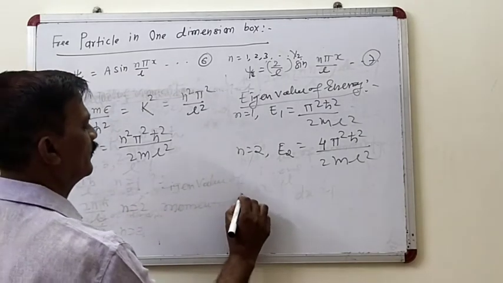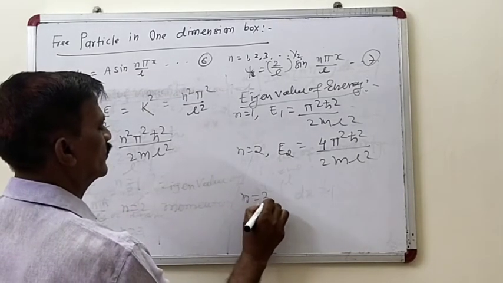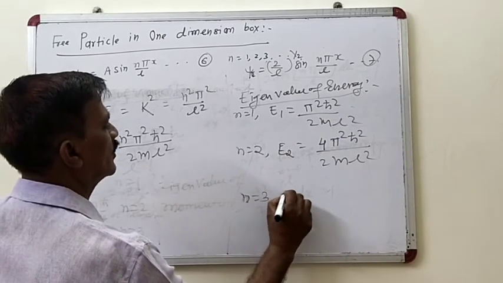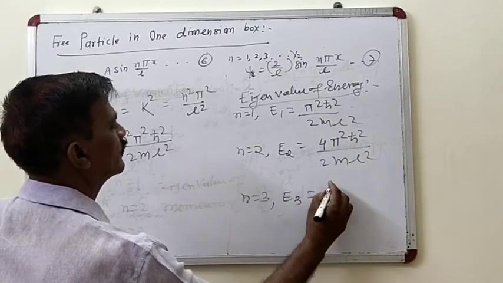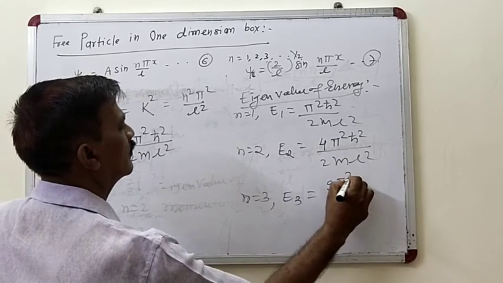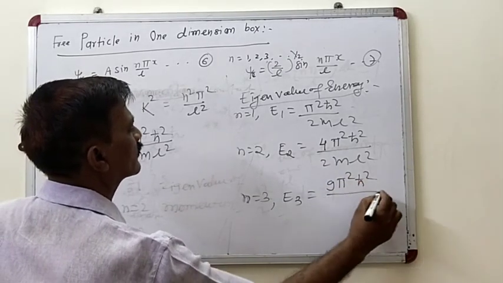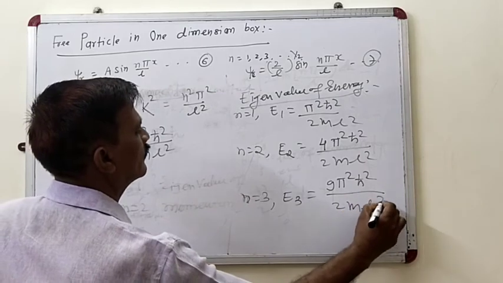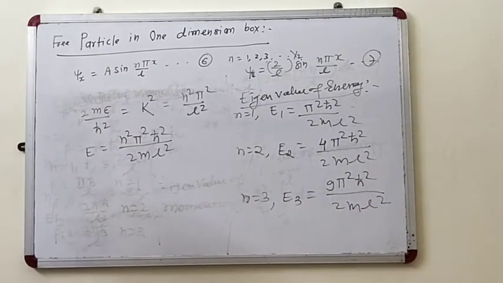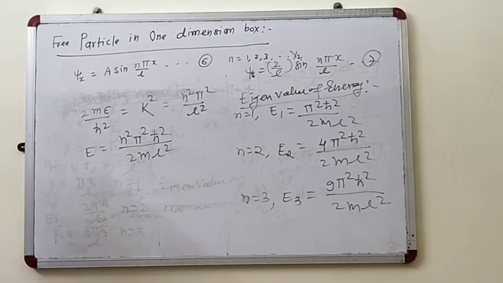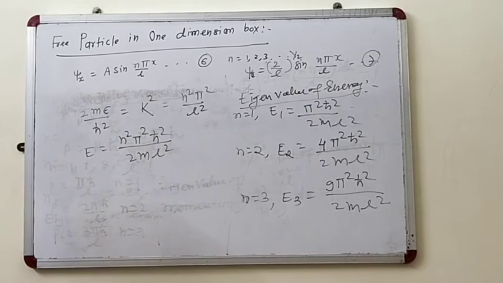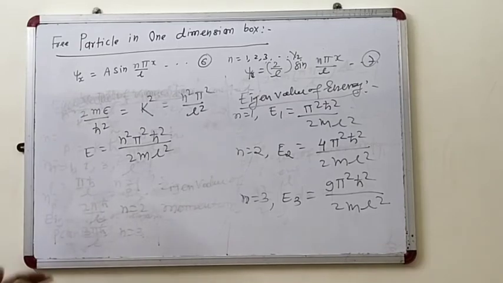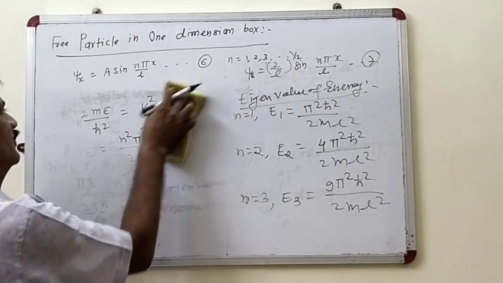When n is 3, E3 equals 9 pi square h cross square by 2 m L square. These are the energy values. Here E1, E2, E3 are called the eigenvalues of energy of a free particle when it is present in a one-dimensional box.